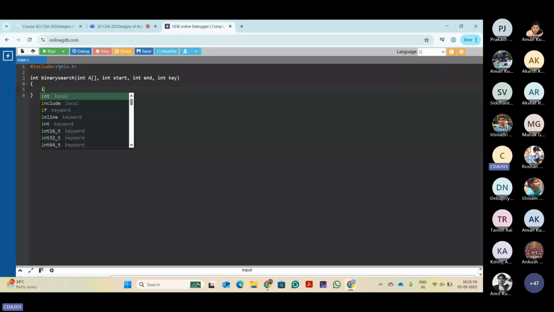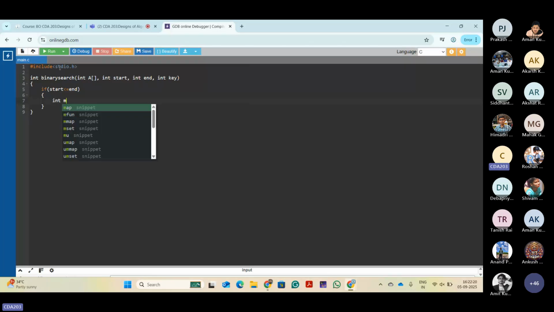Then your middle should be calculated. What should the middle be?